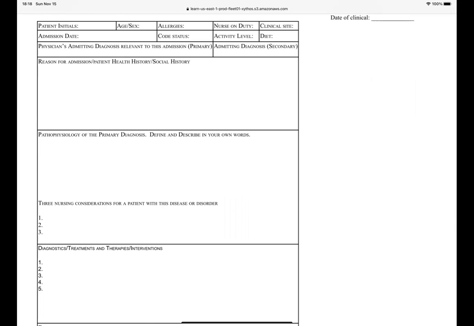In this first page, it's kind of obvious what you have to do. You just need to collect information from your patient and input that information in the right space, right? Always have your admitting diagnosis, your secondary diagnosis, which may or may not necessarily at this point be your primary nursing problem, right?